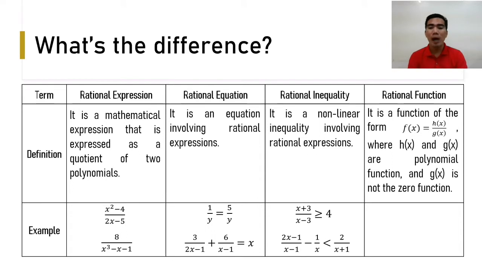Why can't the denominator be 0? Because it becomes undefined, meaning we cannot proceed in solving the rational function. Here is an example. This time, let's start with rational equations, to be followed by inequalities.